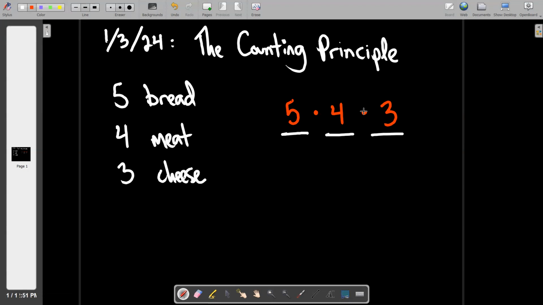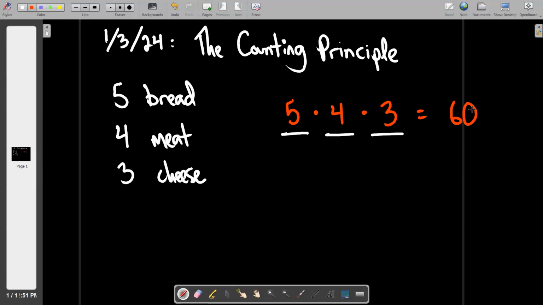So it could be a sandwich shop. It could just be at home in the kitchen, whatever. But if you are going to build a sandwich with this many choices along the way, how many different sandwiches could you make? The answer is 60, right? And that might be rye bread, ham, cheddar; rye bread, ham, pepper jack; rye bread, ham, American.